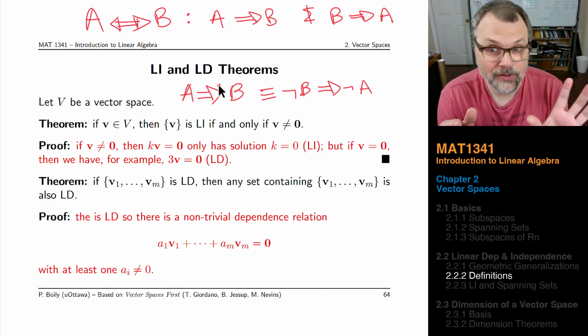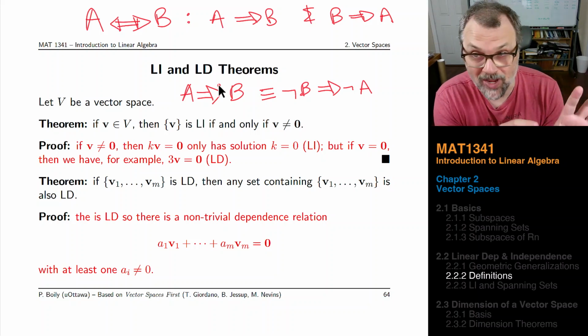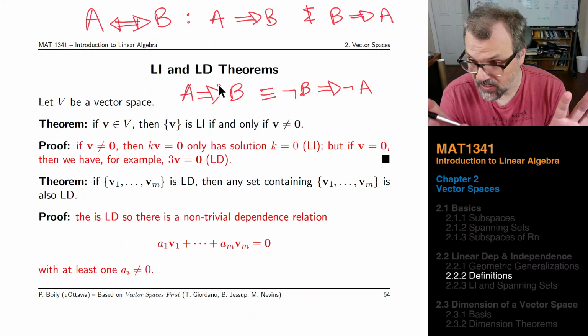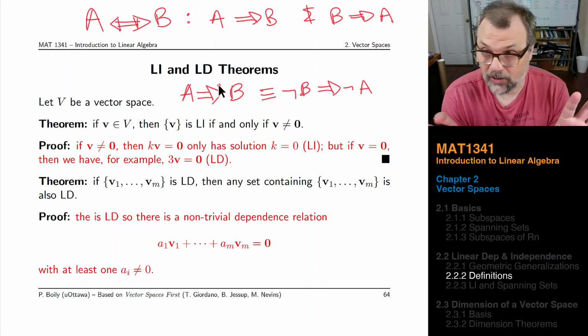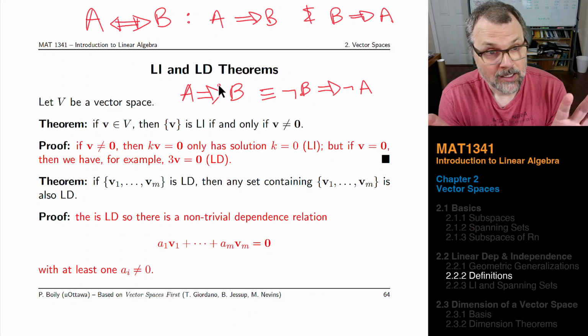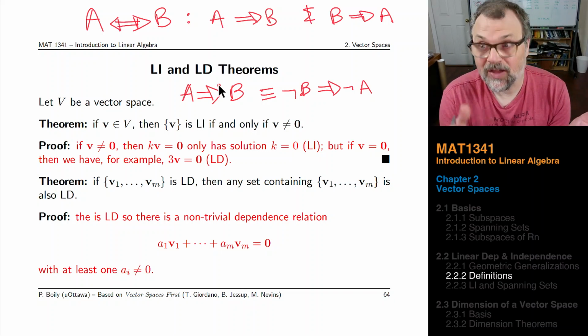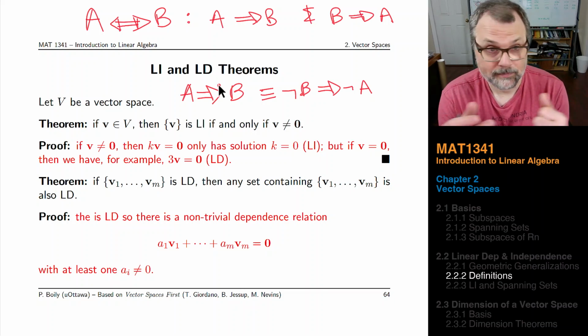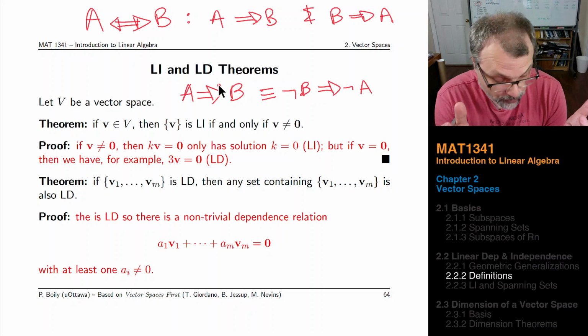So if A, for instance, was the statement, it is rainy outside, and B is the statement, it is cloudy outside, or there are clouds in the sky, then A implies B says, if it is rainy outside, then there are clouds in the sky. That statement we may assume to be true.